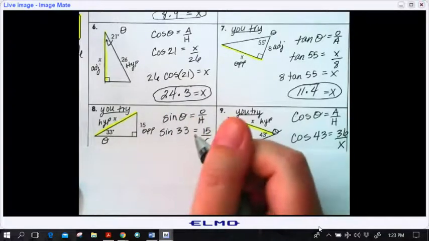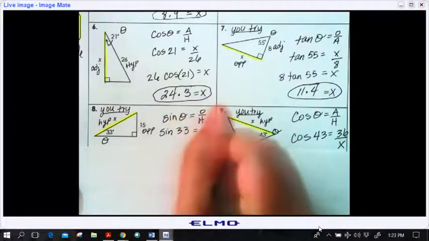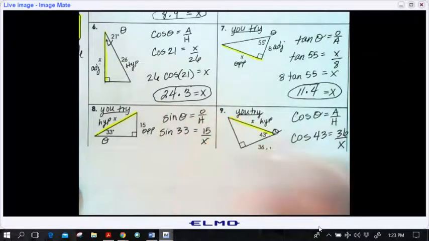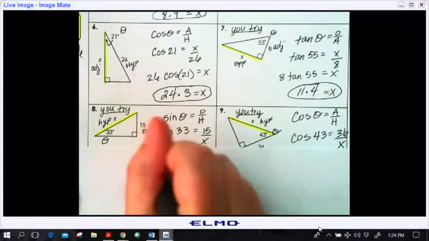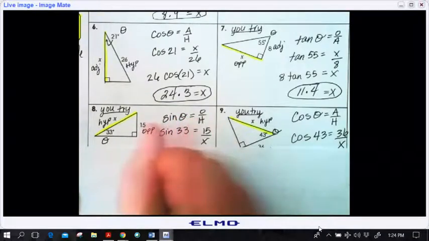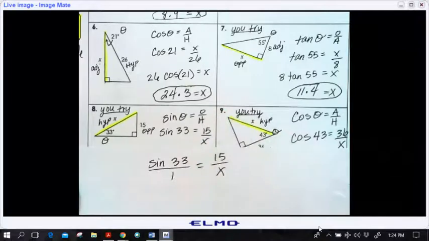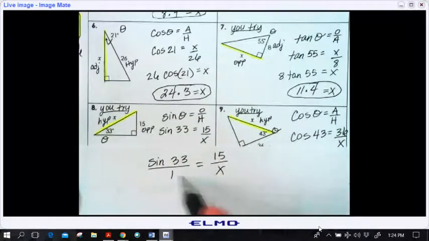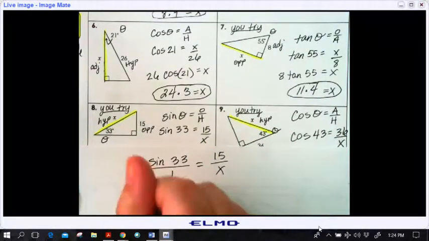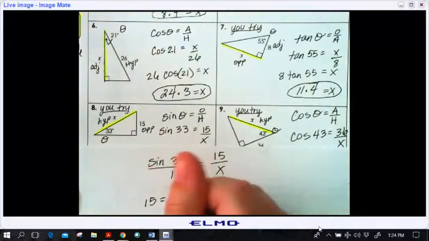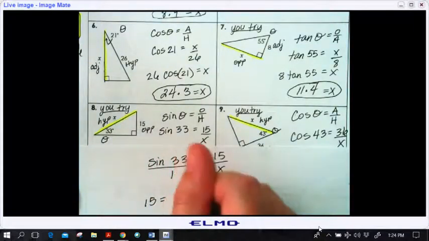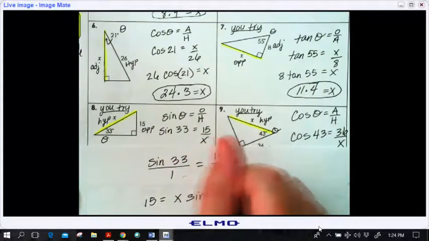I'm going to put this over 1 and I'm going to cross multiply because I have a proportion. So it would look like this. Sine 33 over 1 equals 15 over x. Then I would cross multiply and get 15 equals x sine of 33.